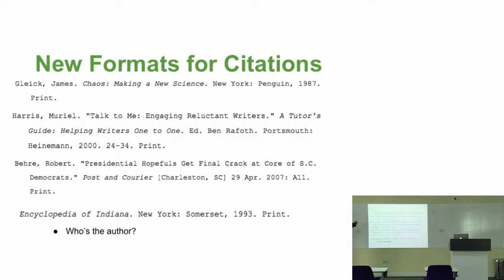Similarly, down here we have an encyclopedia. This is again a kind of corporate or collective production, so we don't necessarily know the author of each article, so we would start here with the title of the encyclopedia.